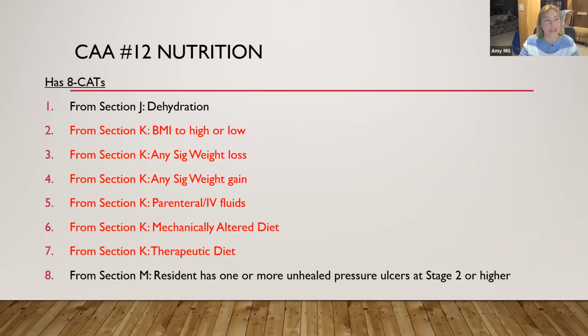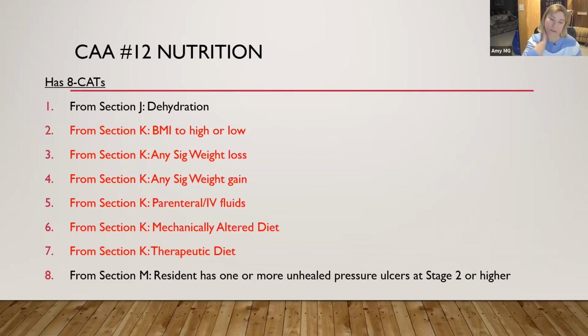Section J is dehydration. From Section K, there are potentially 6 areas that would trigger: your BMI is too high or low, significant weight loss or gain, parenteral or IV nutrition, mechanically altered diet, and the therapeutic diet.